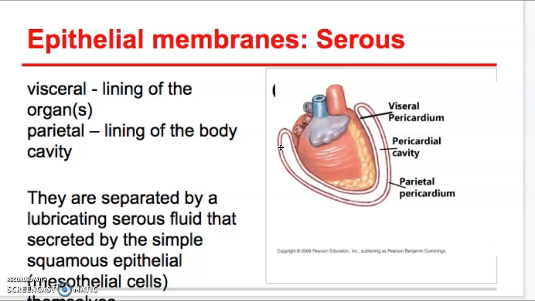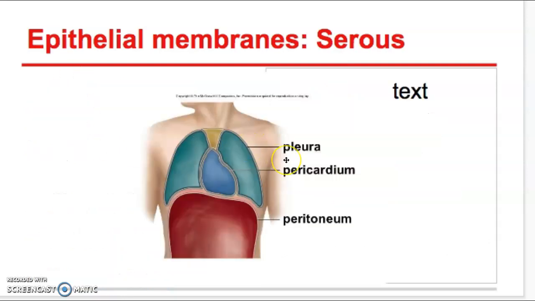Okay, in your lab practice slideshow, there's a picture of a slide of that simple squamous tissue that makes up the mesothelium. Okay, and this is just kind of a little bit of a review. We have the pleural cavity and the pericardial cavity, and so the serous membranes here are the pleural membrane, and if it's on the lungs proper, it's the visceral. If it's in the cavity, it's the parietal.